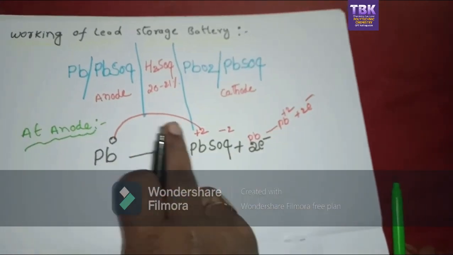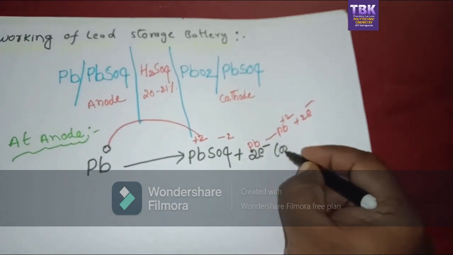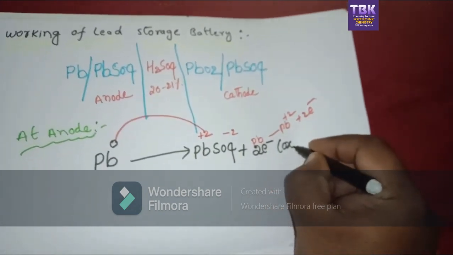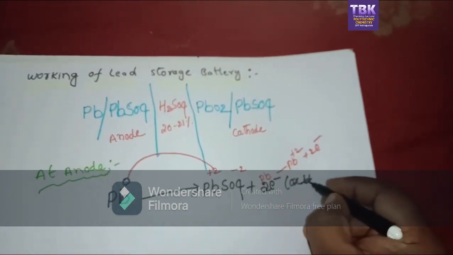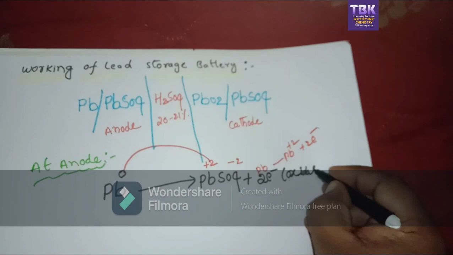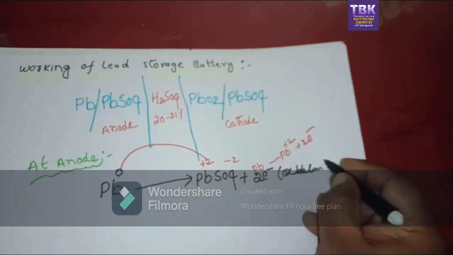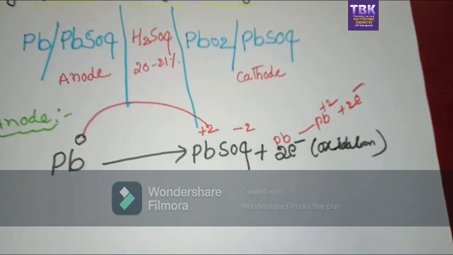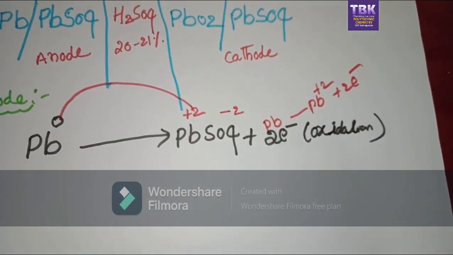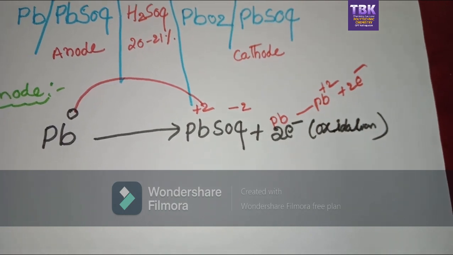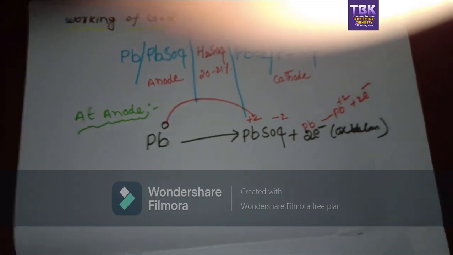What is the name of the reaction? Oxidation. Is it clear? It is very important. Pb is converted into Pb+2 by releasing 2 electrons, an oxidation reaction. It is the anodic part reaction. Okay, next, the cathodic part reaction.